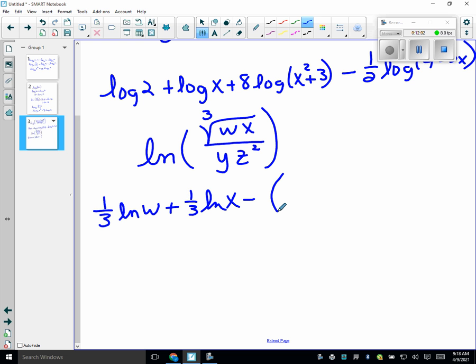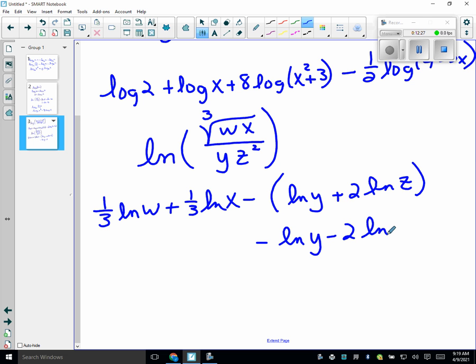But we have to acknowledge that both of them go to the bottom. So if I put it in parentheses, I have minus, ln of y plus 2 ln of z. I also could have written it this way. Either way would be right for that end piece.